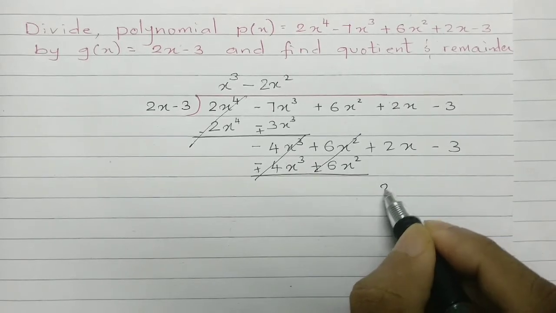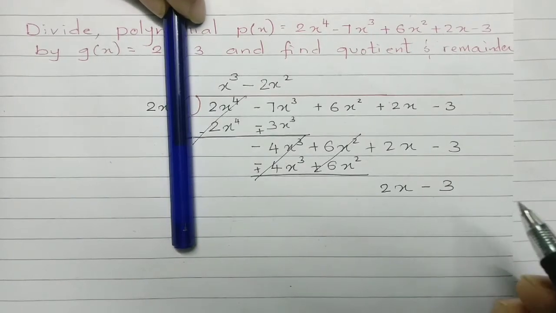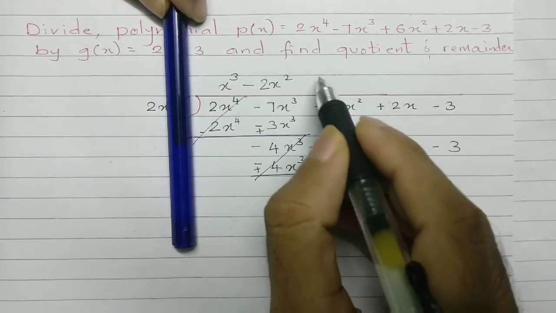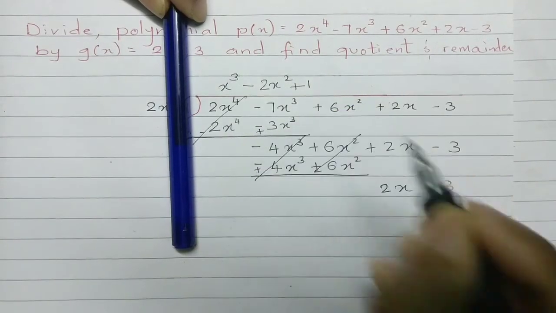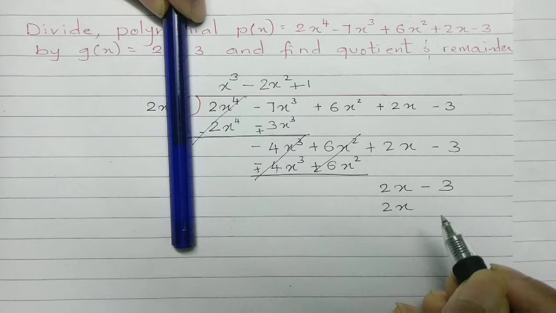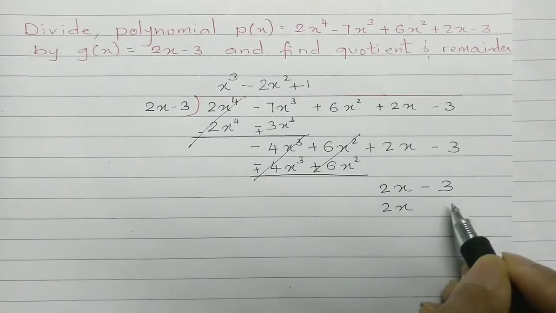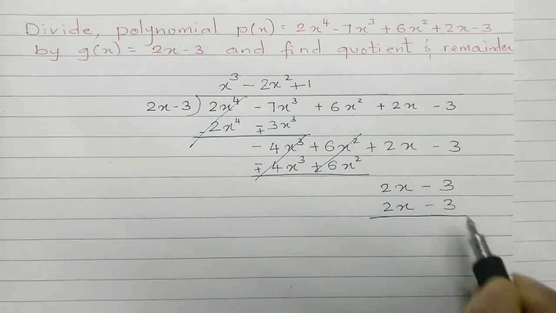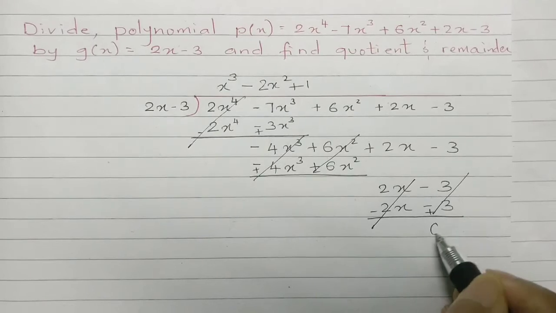So what I'm left now is with 2x minus 3. Hide this, and if I write 1, then only I'll get 2x over here. So plus 1, 2x, and this would become minus and plus is minus, 3 ones are 3, so minus 3. Change the sign, this and this is gone, so I'll get 0.